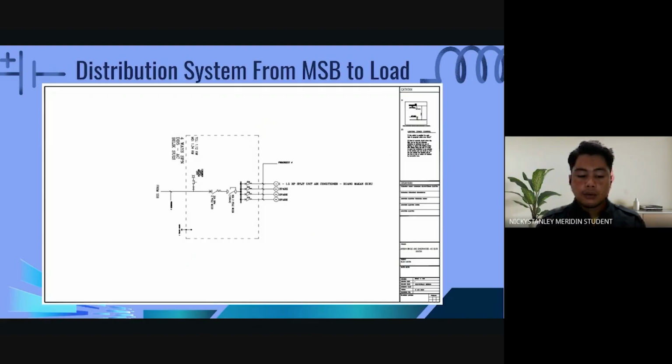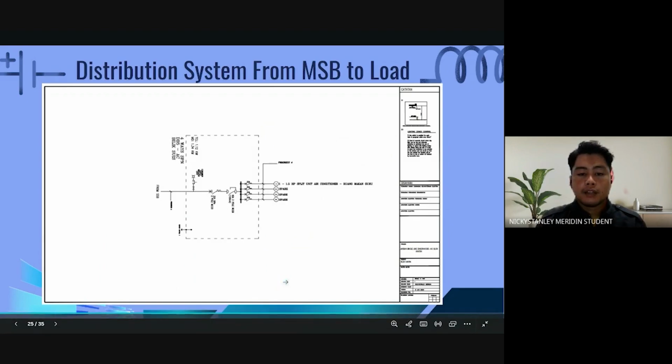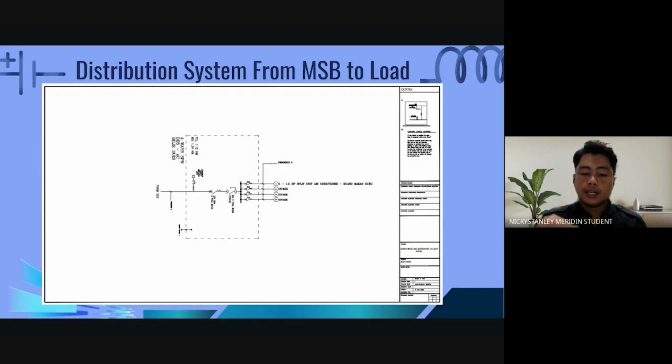So when we read the JKR or TNB document, we find that when the MD does not exceed 10 kV, automatically we will use a single phase system.